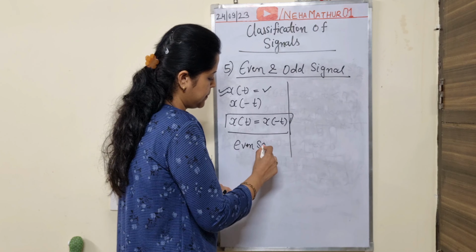But if x(t) is equal to -x(-t), that means you are getting a reversed signal when you are replacing t with -t. In this situation, that particular signal comes under the category of odd signal.